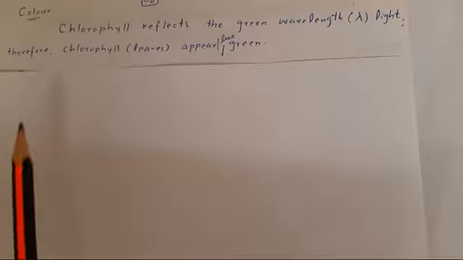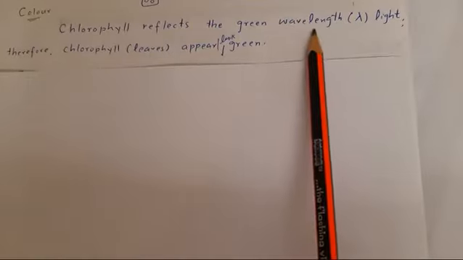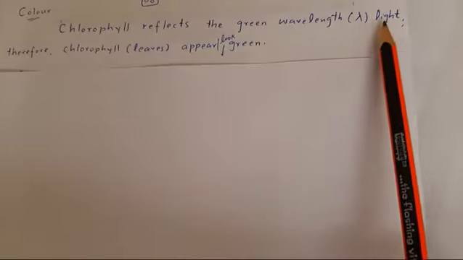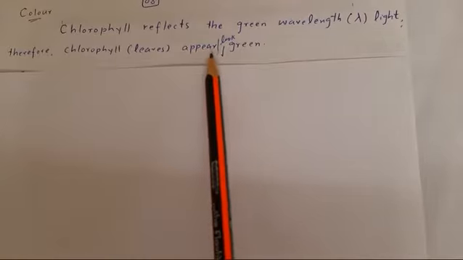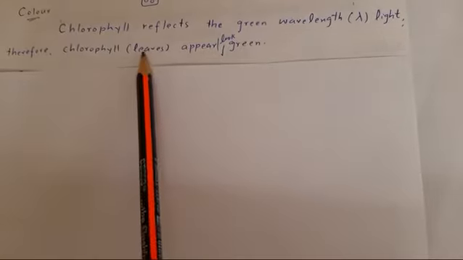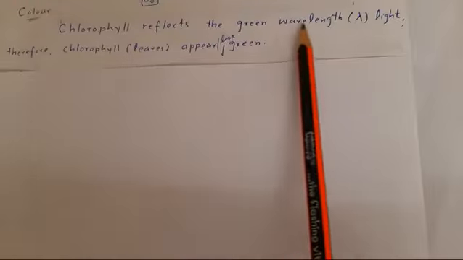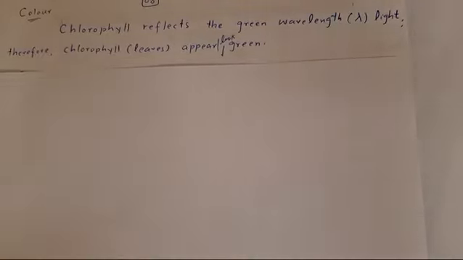Now the color of chlorophyll: chlorophyll reflects the green wavelength of light. Therefore chlorophyll appears green, as the leaves contain chlorophyll and chlorophyll reflects the green wavelength light.